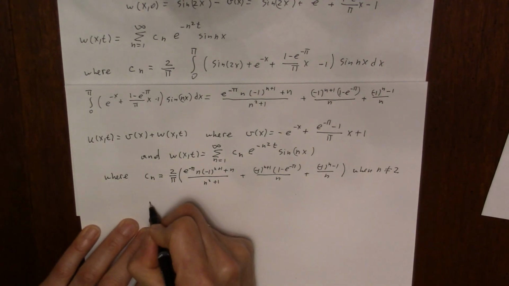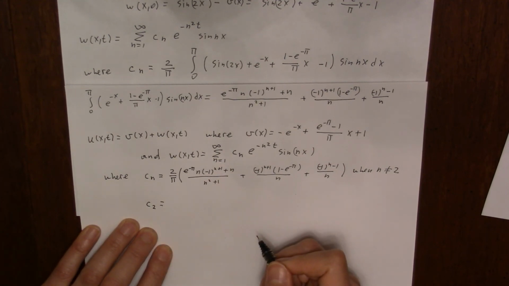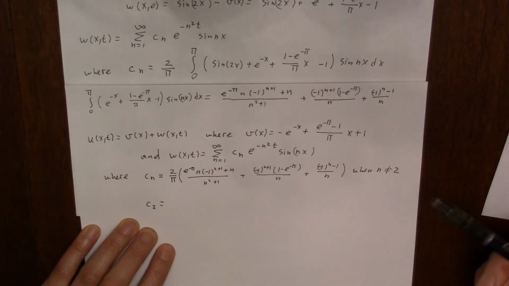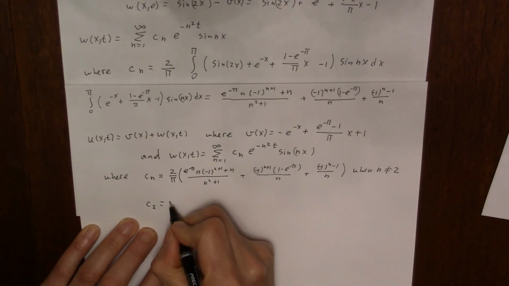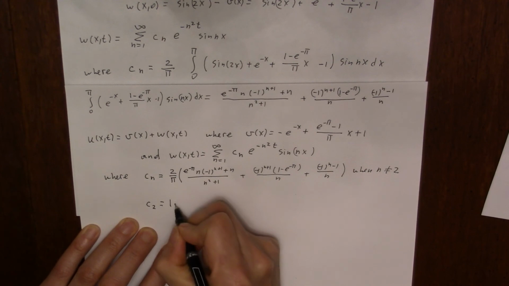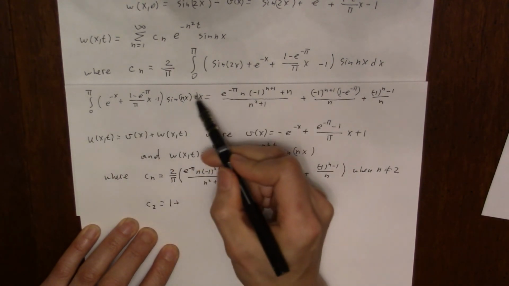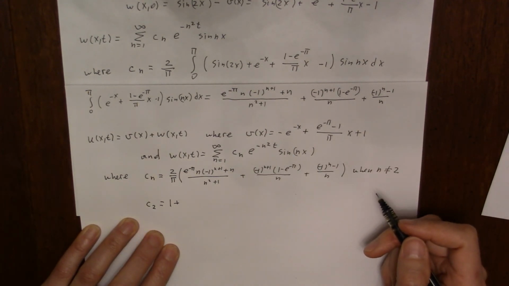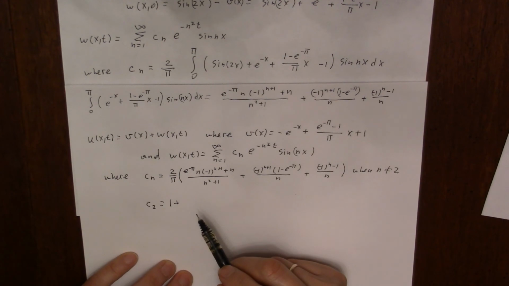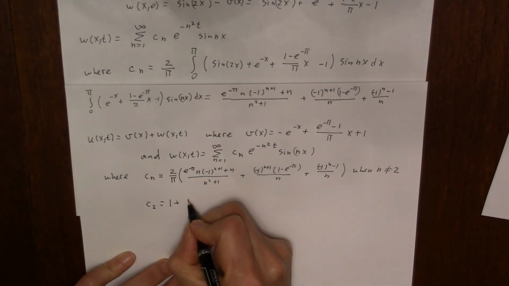and when n equals 2, if we want to calculate c2, that sine of 2x is going to affect it, so we're going to put an extra 1 plus the value of that integral when n equals 2.